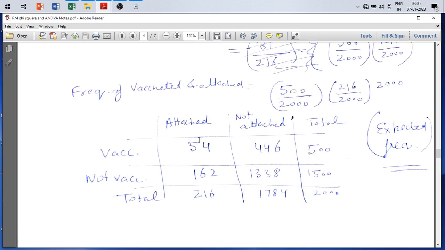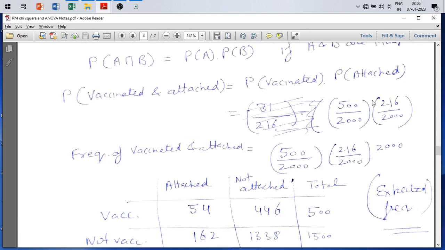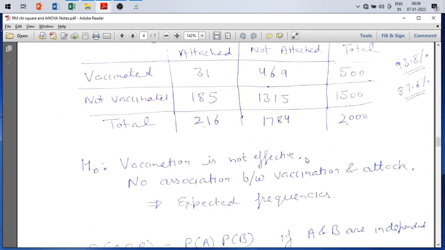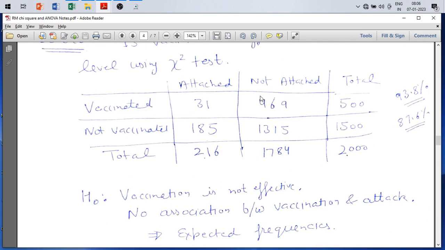So just like this one, we need to work out the expected frequency for the other three. And you can do that very quickly, because to get the expected frequency, for example, here corresponding to 469, what you do is you multiply this row total and column total, 500 and 1784, and divide it by the total, that will be 2000.